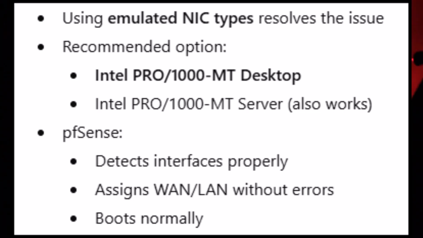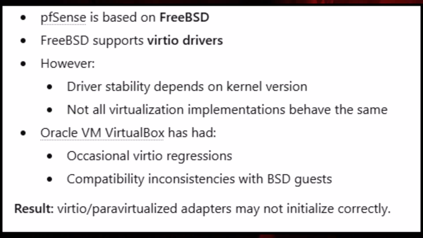This appears to be occurring because pfSense is based on FreeBSD, and its support for virtual or paravirtualized devices depends on the FreeBSD kernel and the version of the drivers that are included. While FreeBSD does have virtual drivers, they don't always work well in virtualization environments or with the recent VirtualBox kernel interfaces.